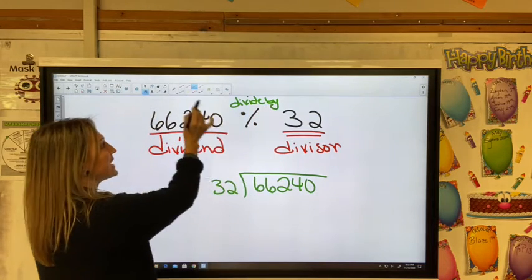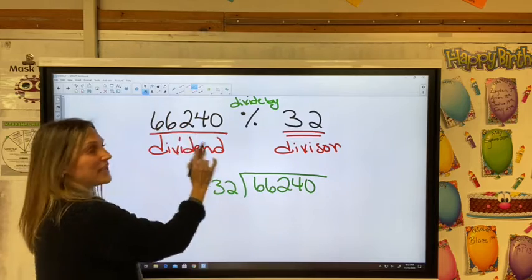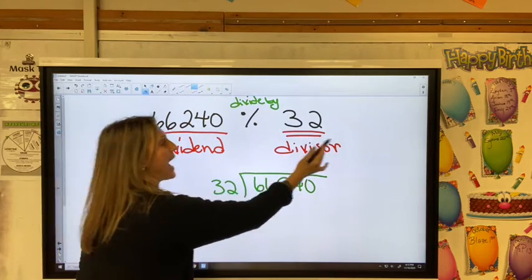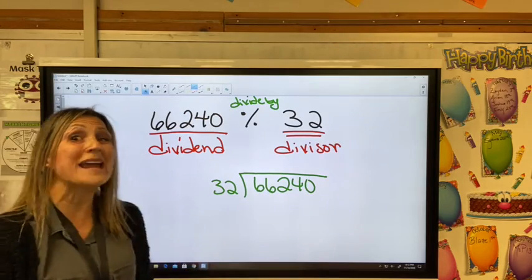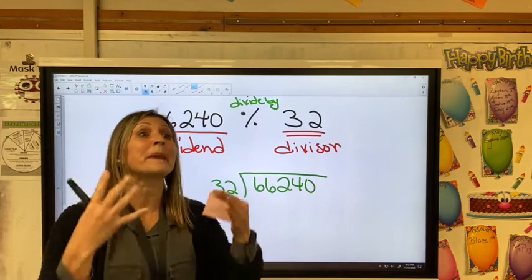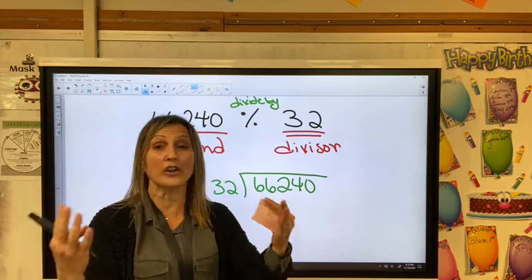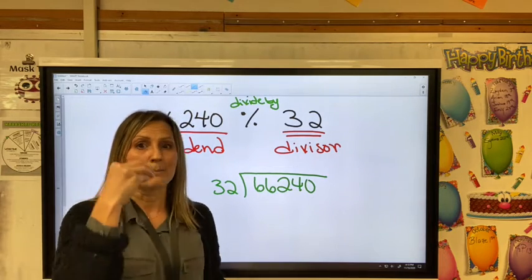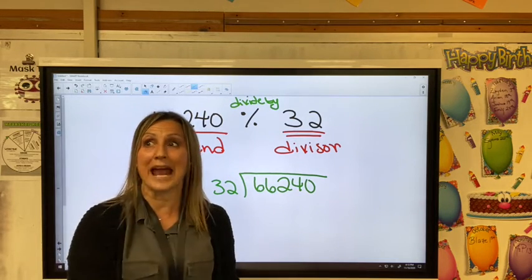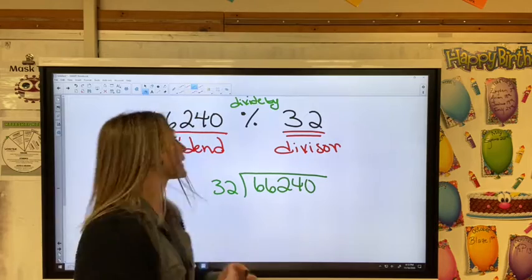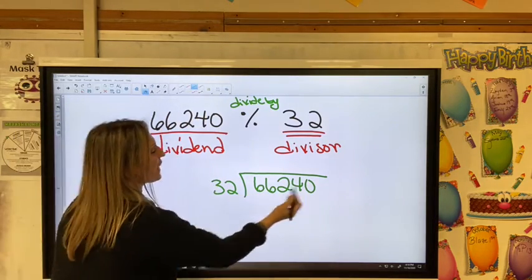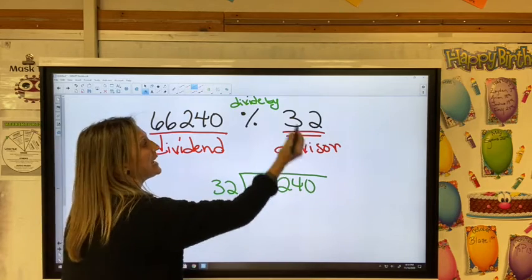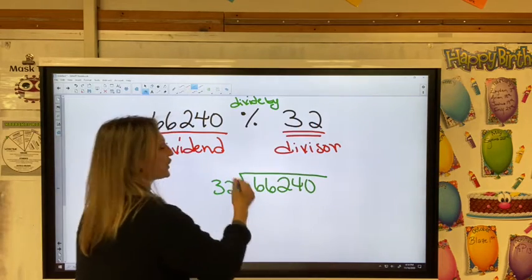So that means I'm taking this dividend and I'm dividing it by this divisor. So make sure you first write division problems correctly based on the words you hear. And we all know Mrs. P is always stressing, math is a language. Math is a language. Read it, read it, read it. So I've now read this. This is my dividend. That is what I'm dividing. And I'm going to divide it by 32.